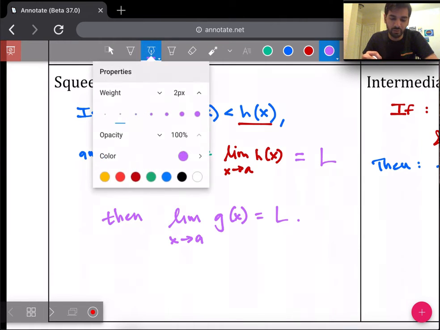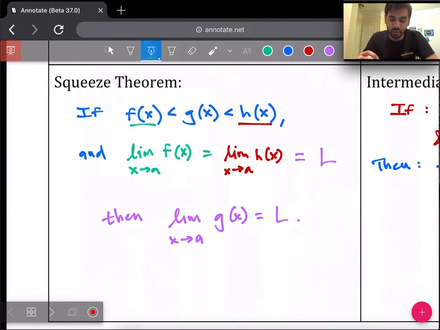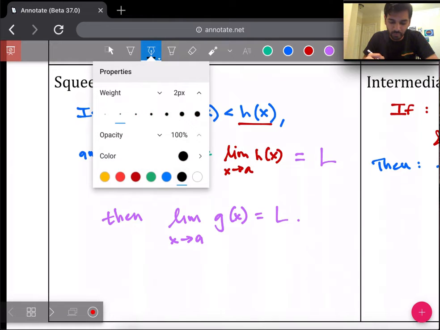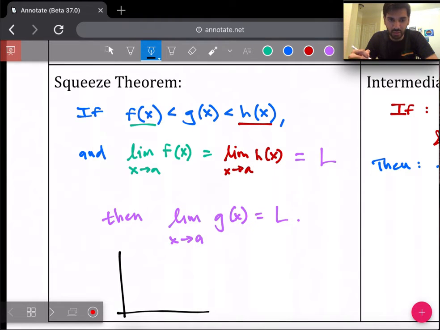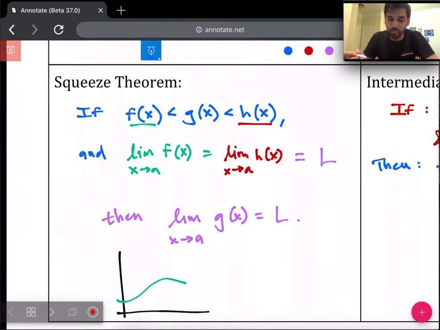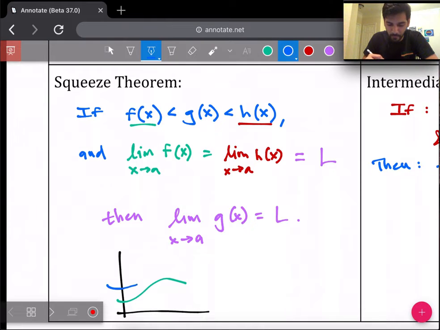Okay, this is what it looks like visually. I'm going to draw a graph so you can understand this a little more clearly. So if I had this graph down here, f of x was the least function at the bottom. I'll use blue for g, and it's in between f and h. So I'll use red for h.